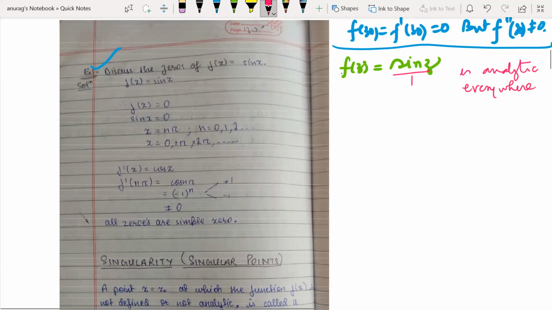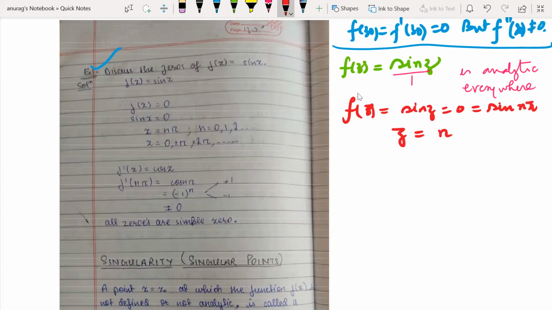You can see my first lecture. Now, if it is analytic everywhere, what can you conclude? Yes, we have to check the points where f(z) is 0. So f(z) equal to sine z equal to 0. Can you tell me where sine z is 0? Sine is 0 at n pi, so z will be n pi.